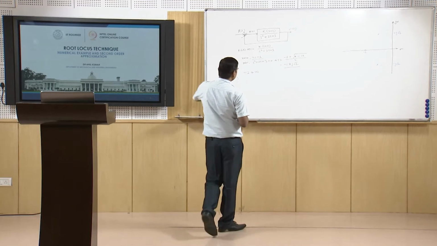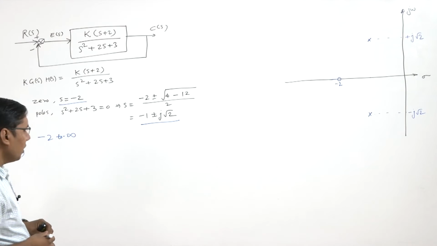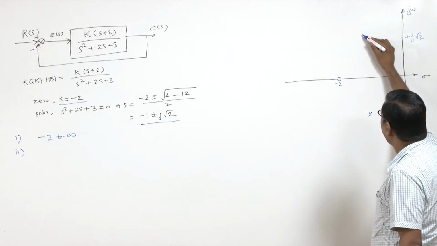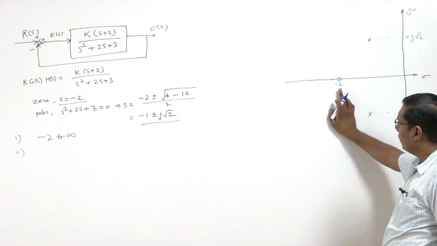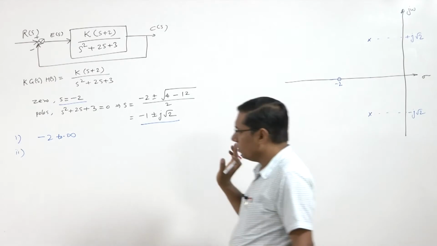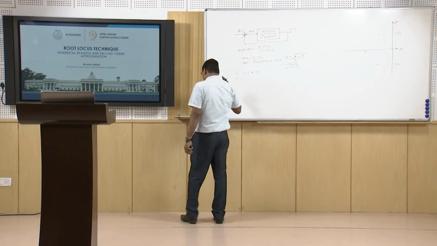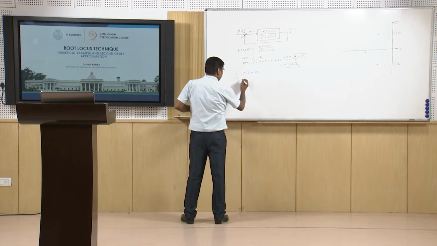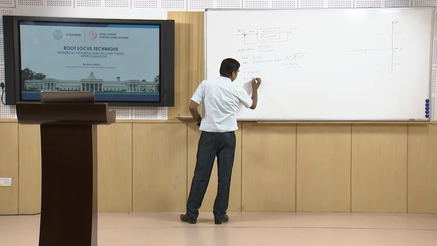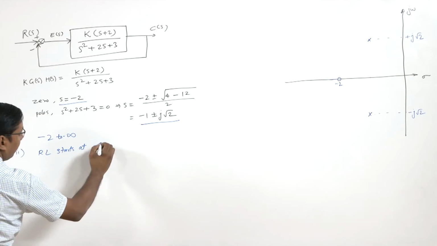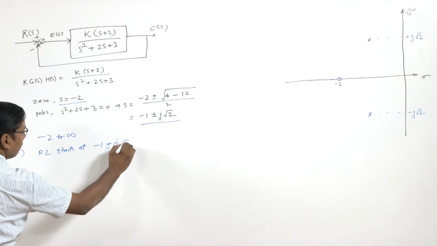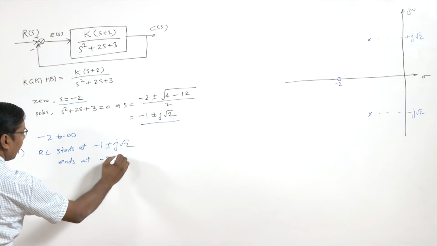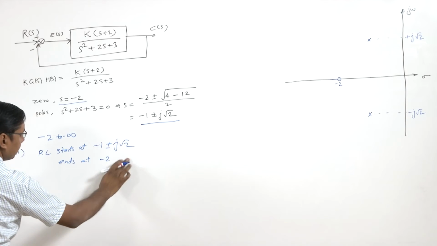Therefore one zero is at infinity. So the root locus will start at minus 1 plus minus j root 2 and it ends at minus 2 and infinity.